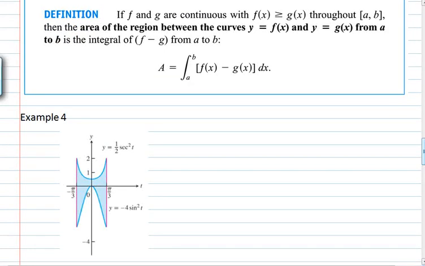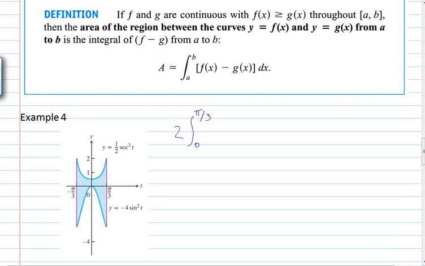So, in example 4, can we find the area of the region between the two curves here? And the answer is yes. Are we going to integrate from negative pi over 3 to pi over 3? No, we're not. We're going to double the area from 0 to pi over 3 because we are going to work smarter, not harder.